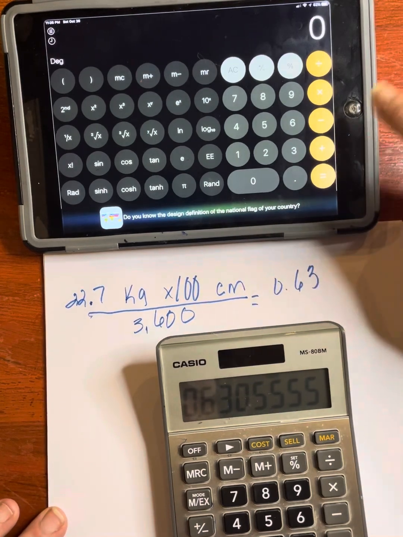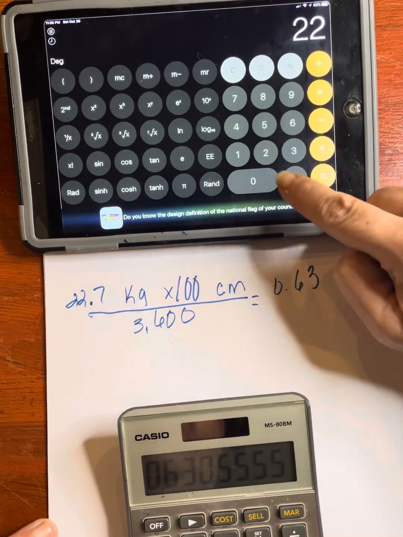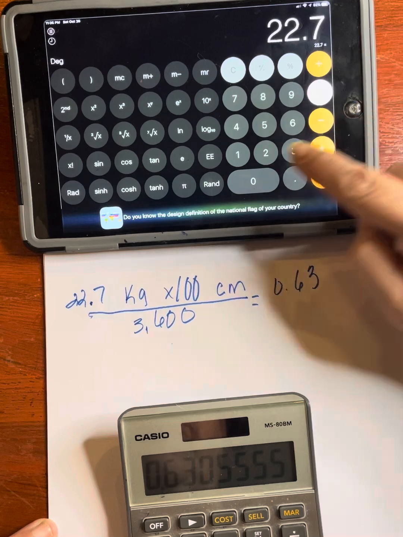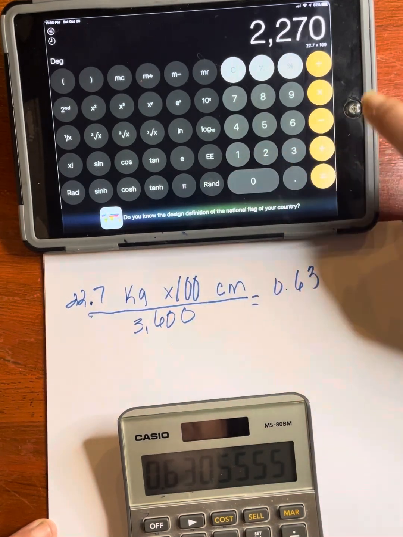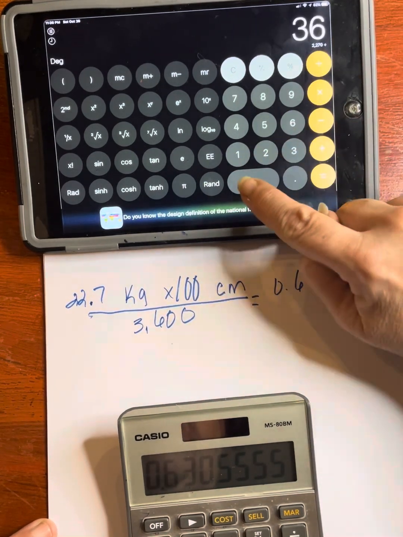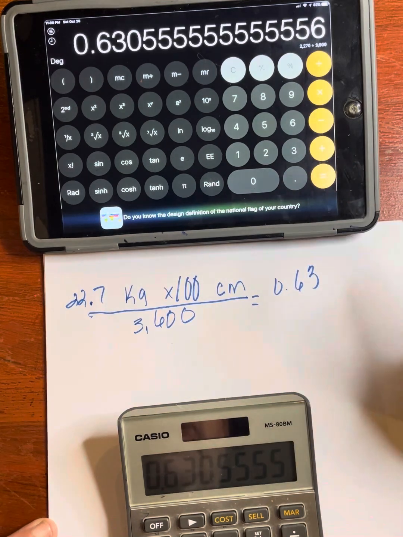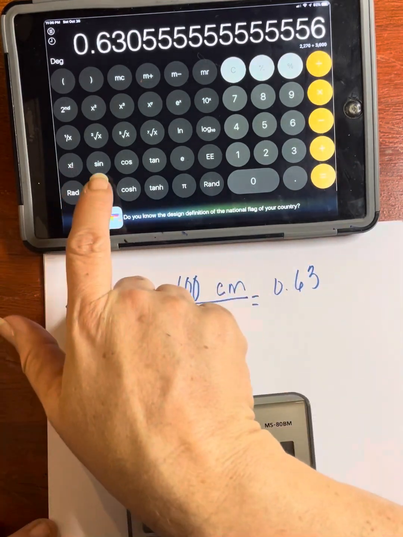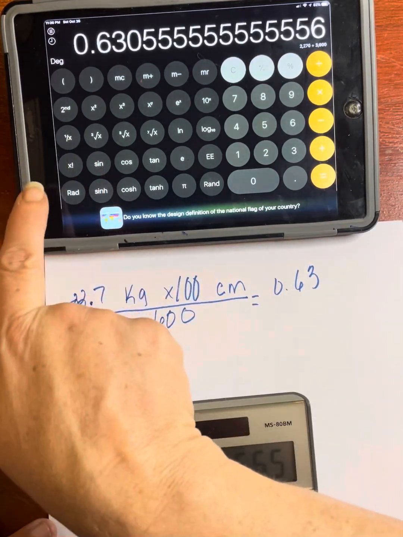But let me do that. So 22.7 times 100 equals, divided by 3,600 equals. Then hit your square root. Make sure you know where it's at.